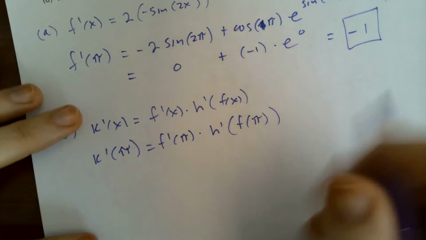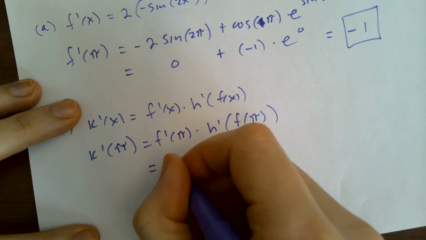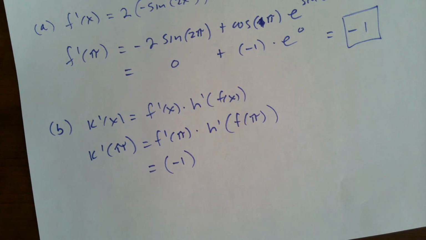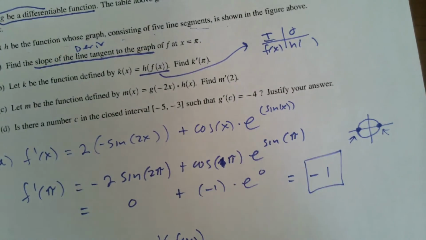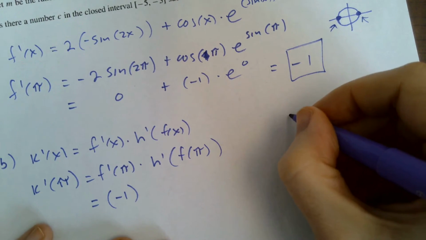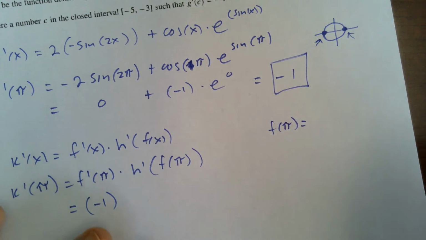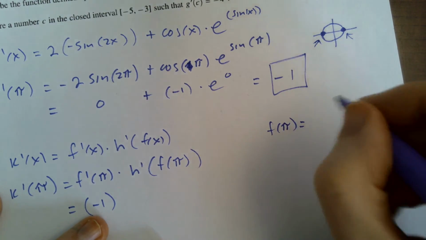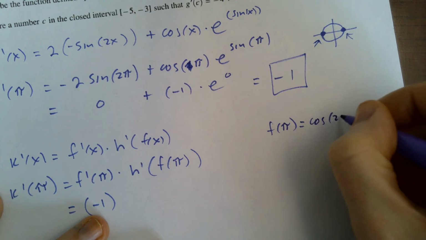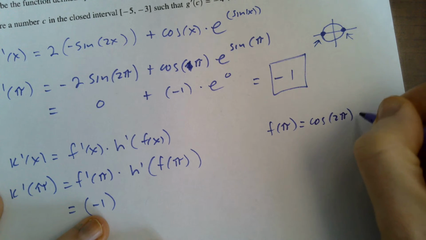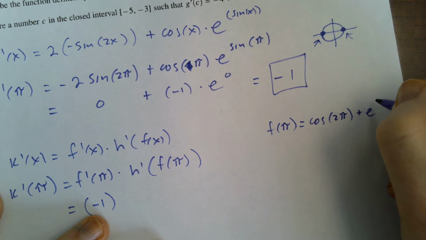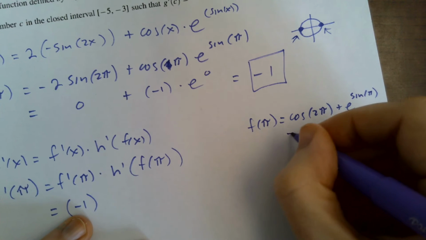Okay. Now, guys, f prime of pi, we already found that. That was negative 1. All right, so we already found that in part A, that was negative 1. Now, f of pi. All right, so f of pi equals, and f is the function that they gave us. So this is cosine of 2 pi plus e to the sine of pi.